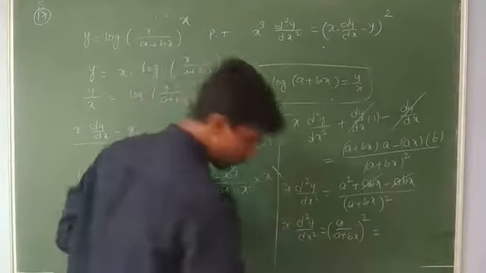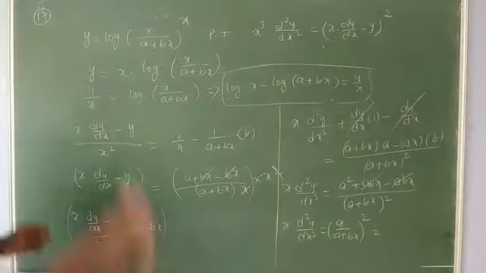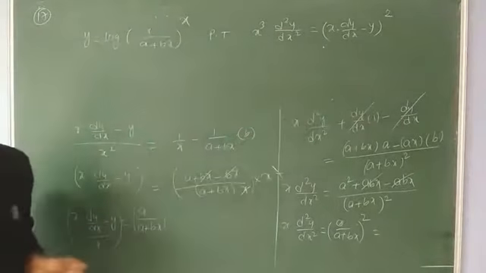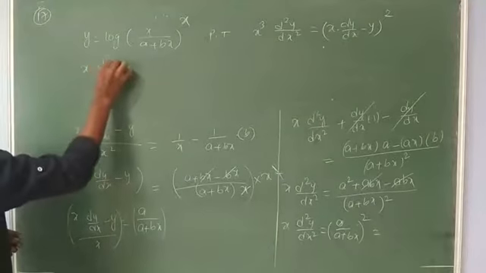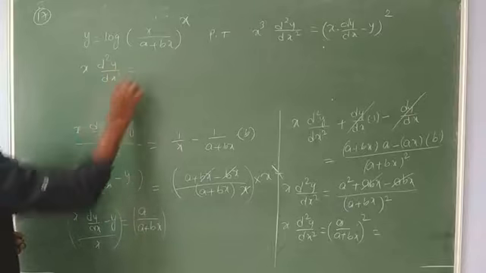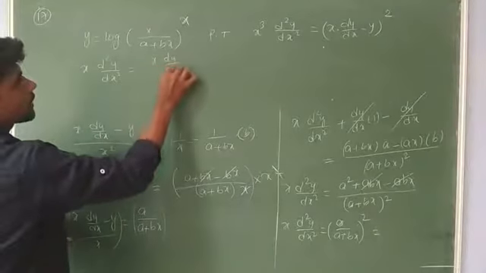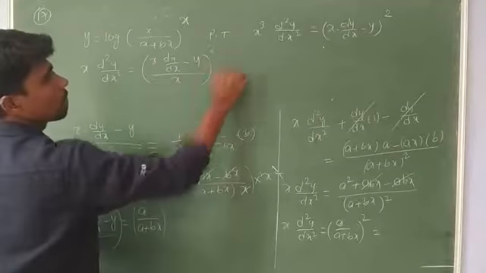Substitute. Now x into d2y by dx square is equal to x into dy by dx minus y by x whole square.